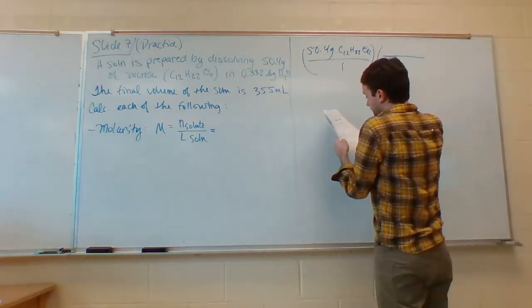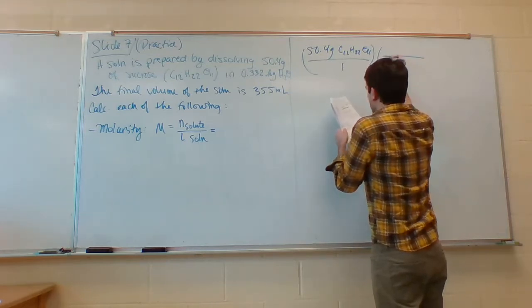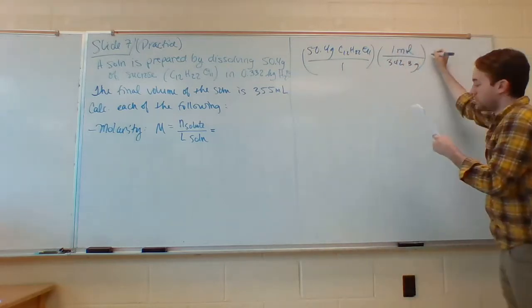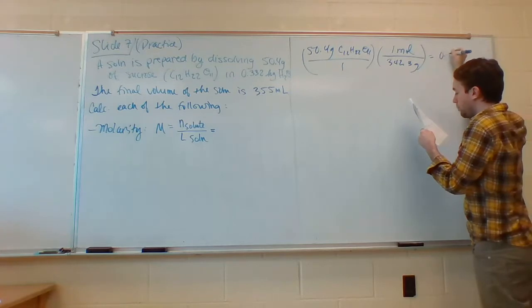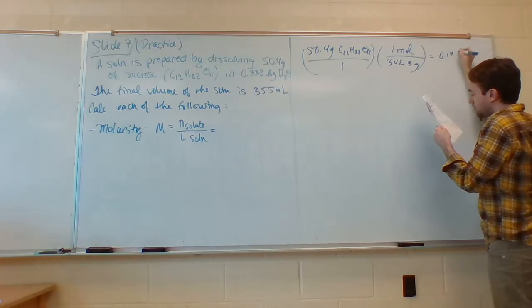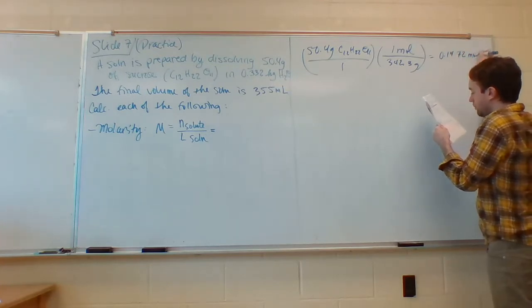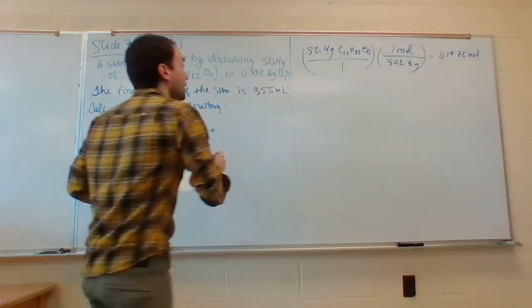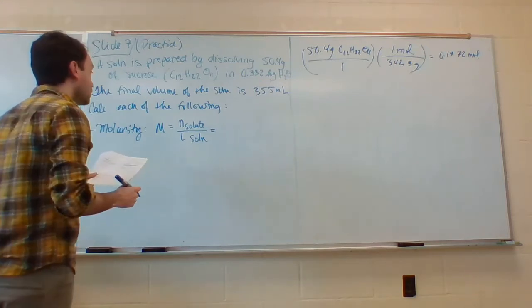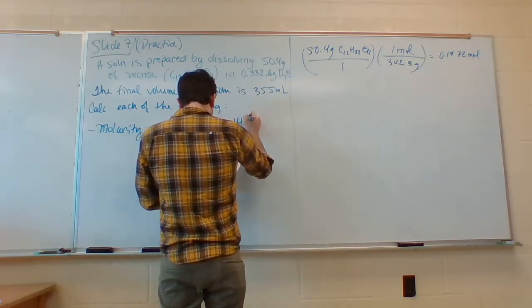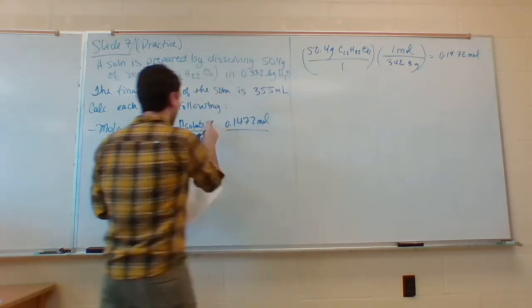The molecular weight is 342.3 grams for every 1 mole of the sucrose, which means that we will get 0.1472 moles of our sugar. So now we have 0.1472 moles of our solute.